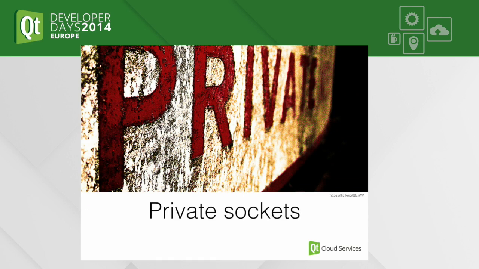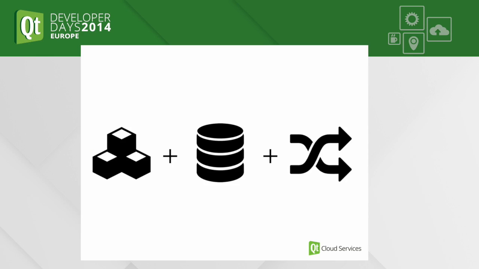Yeah, that was public sockets. So all the messages are sent to all clients. And often that is not what we want. We want to use private sockets, so there are different socket connections for different clients. And we can extend our example by creating a backend application to manage the application runtime.